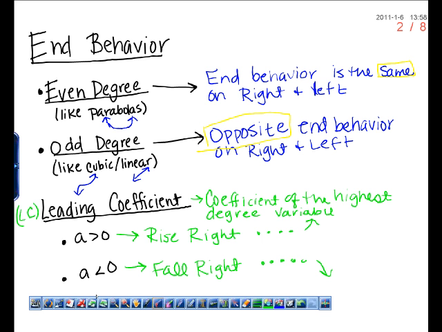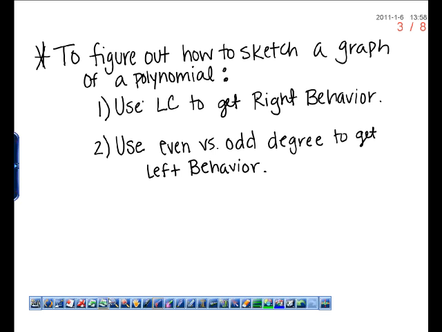I like steps when I'm attempting a problem. So, if you are trying to sketch a graph of a polynomial, first you need to use your leading coefficient to get the right end behavior. You're going to decide using your leading coefficient, does it rise right or does it fall right?